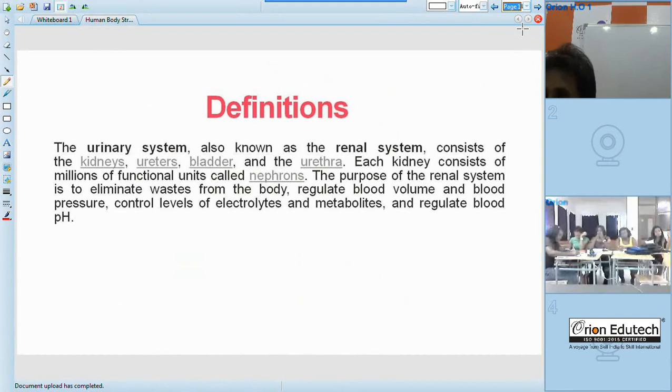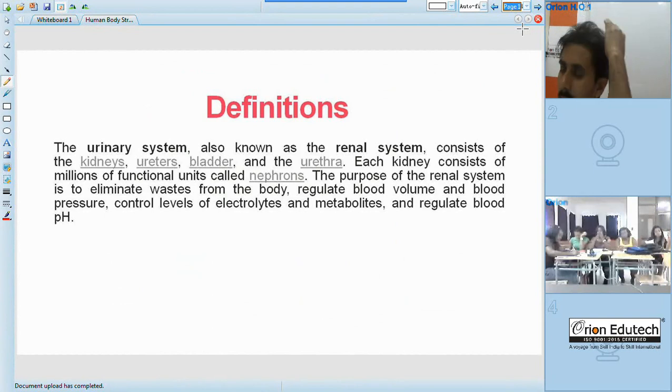The definition of the urinary system: it is also known as the renal system, and consists of the kidneys, ureters, bladder, and urethra. Each kidney consists of millions of functional units called nephrons.